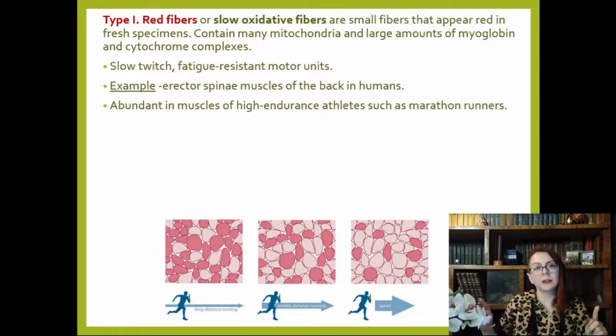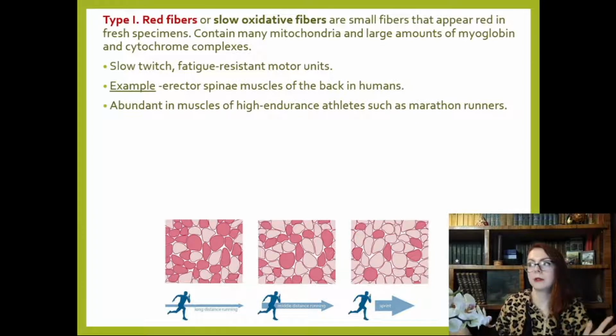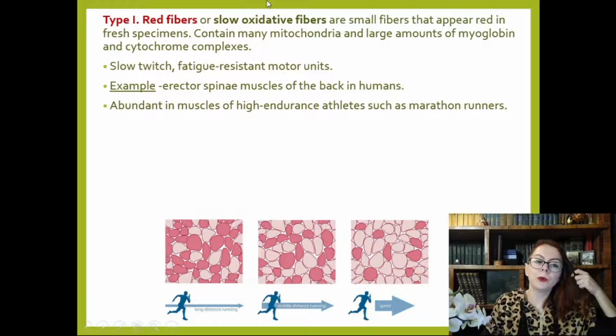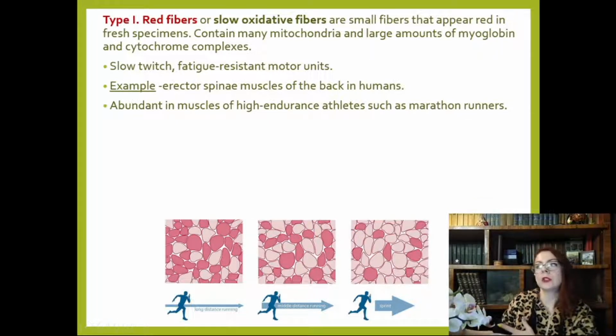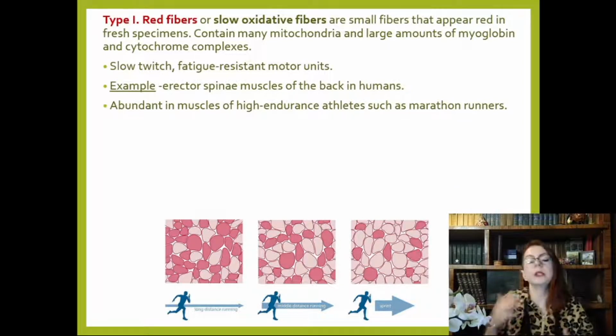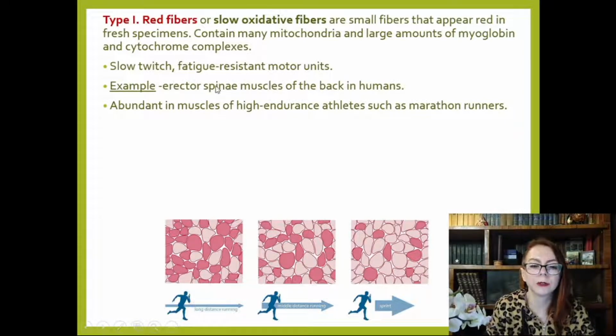So it takes some time, but it gives us 38 ATP from 1 glucose, for a long period of time. So these fibers are red because of myoglobin, and they need this oxygen because they get ATP by oxidizing glucose. They are relatively slow working, but they work for a very long period of time. They are slow twitch, fatigue resistant.